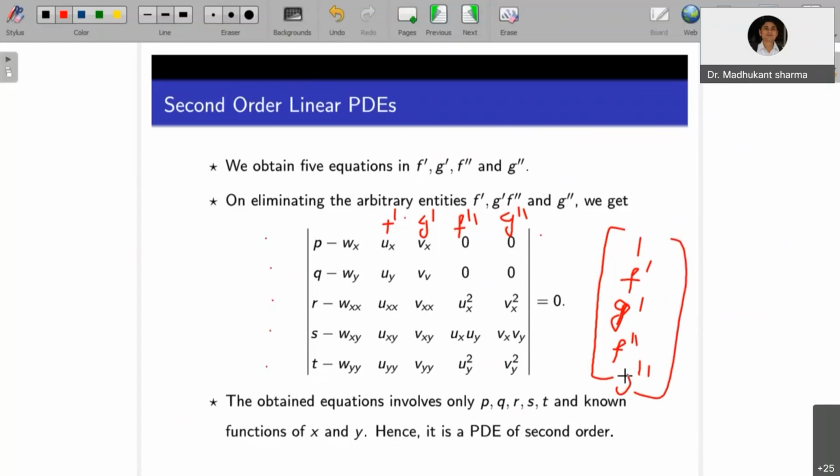So this is the unknown vector through which you are multiplying. Okay, right? So that you can verify. So now you are interested in a non-trivial solution. So that's why this coefficient matrix determinant should be 0.